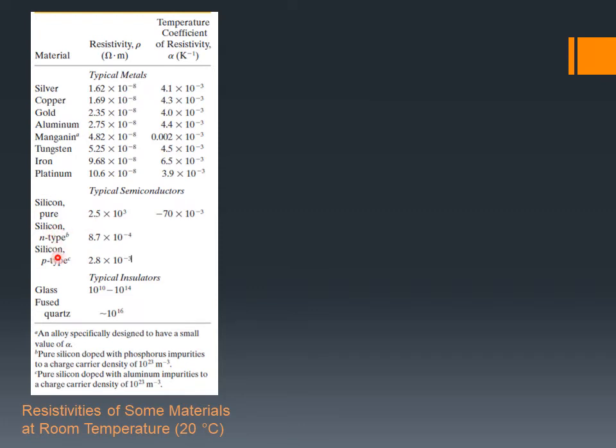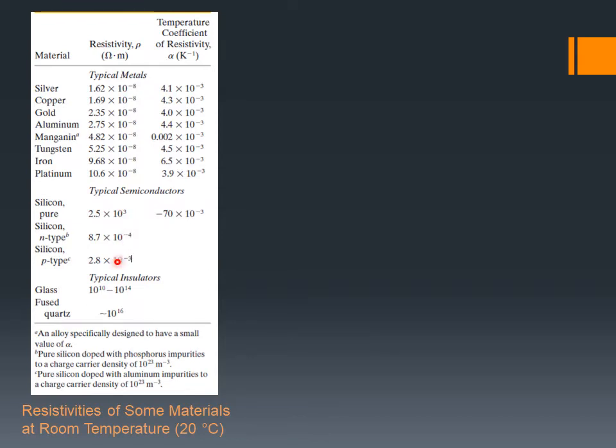For example, in case of silicon, when it is doped, when it is n-type, n-type means that pure silicon is doped with phosphorus impurities. If you just add phosphorus impurities to the silicon, then its resistivity decreases. It goes from 10 to the power 3 to 10 to the power minus 4.